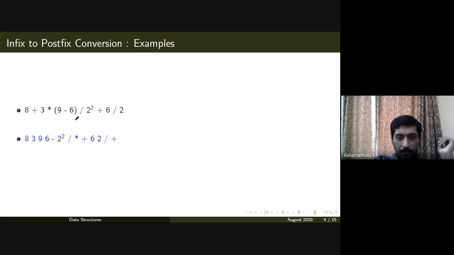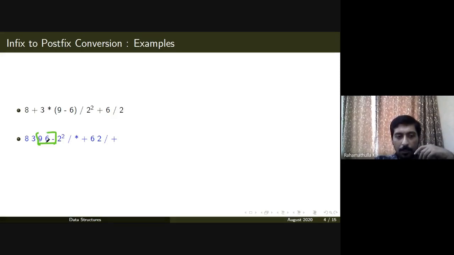See, these round brackets are avoided. So 9, 6, and minus. This represents that the operator minus corresponds to these two operands. For a binary operator, if you see an operator, you take the previous two operands and apply the operator.